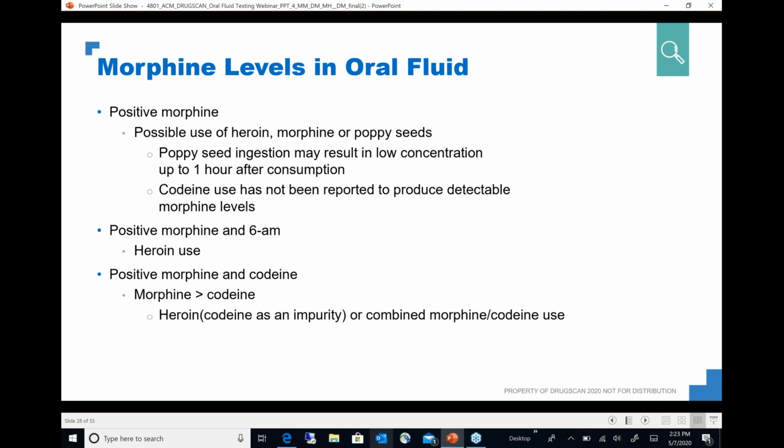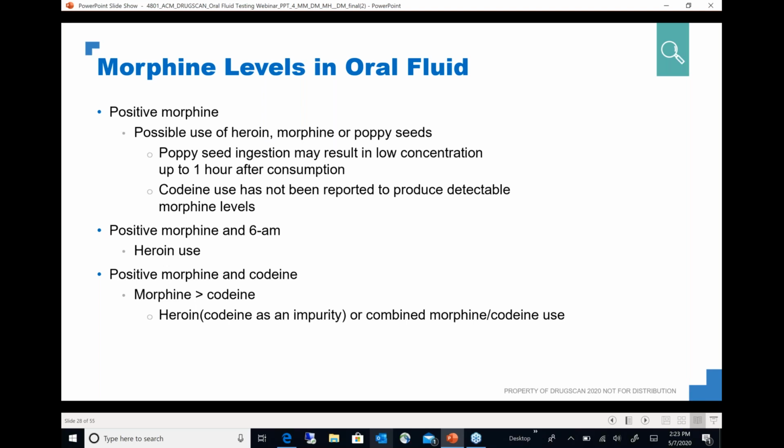I am, because the opiates have a tendency to cross over within themselves. So I'm happy to say them multiple times so that we see how intertwined they are. So positive morphine, it may be heroin, morphine, or poppy seeds.